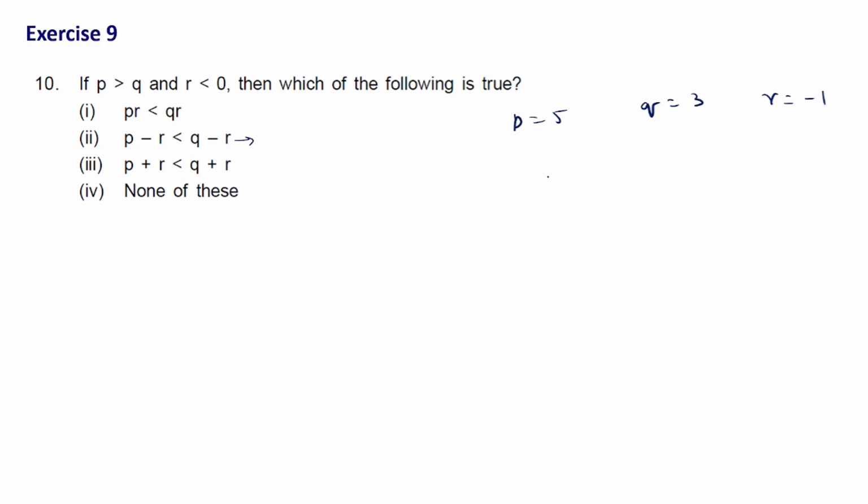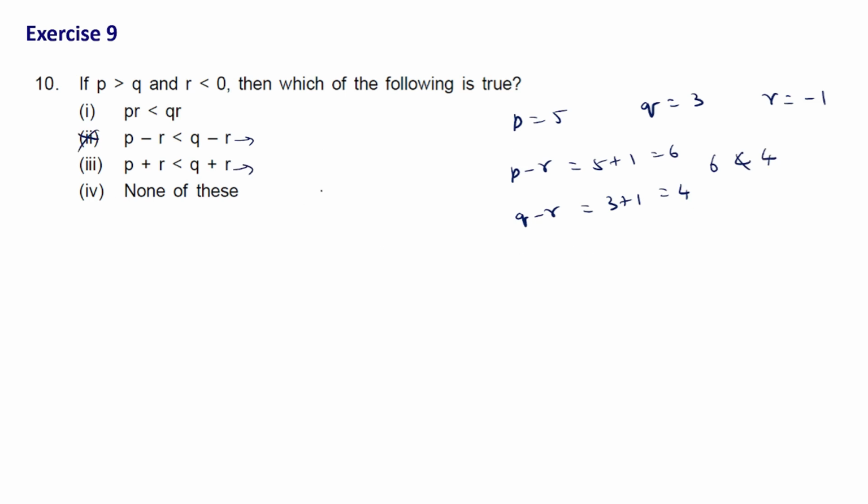Let us see the second option. P minus r will be 5 plus 1 and q minus r will be 3 plus 1. This is 6, this is 4. 6 is not less than 4. So this option will not hold.